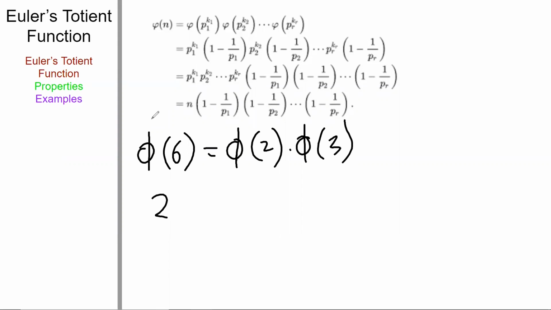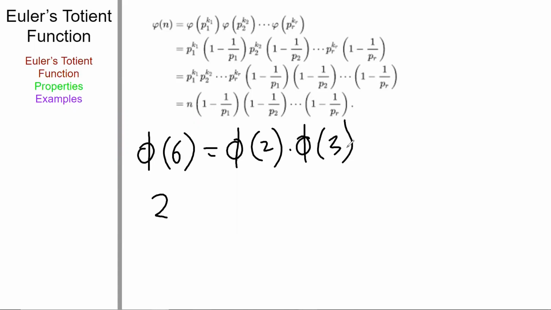So can anybody tell me what the Totient function of 2 is? Okay, good. So the Totient function of 2 is 1, because 1 is actually the only number that's less than 2, and it is also relatively prime, meaning the GCD of 1 and 2 is 1.